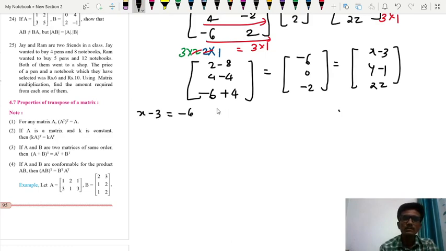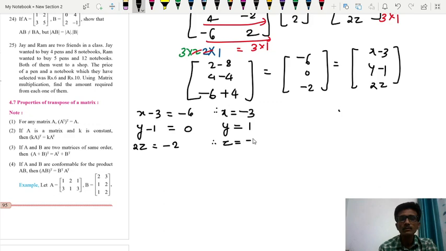It means x is equal to minus 3. Y minus 1 is equal to 0, so y is equal to 1. And 2z is equal to minus 2. Therefore, z is equal to minus 1.